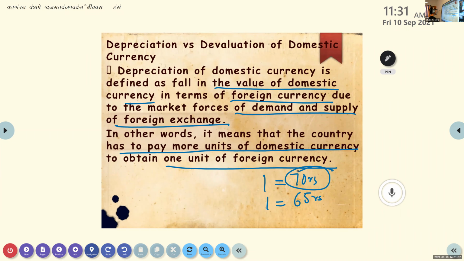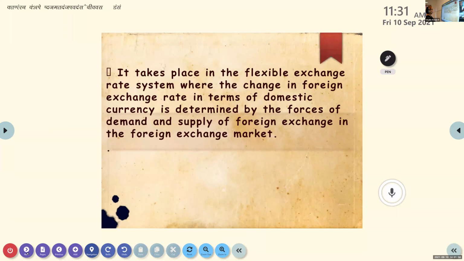So depreciation happens because of the market forces of demand and supply of foreign exchange. Whenever the value is falling, we call it depreciation. Why is this happening?